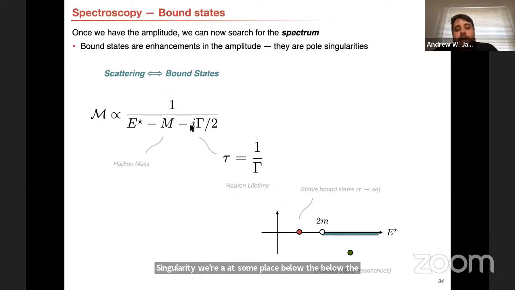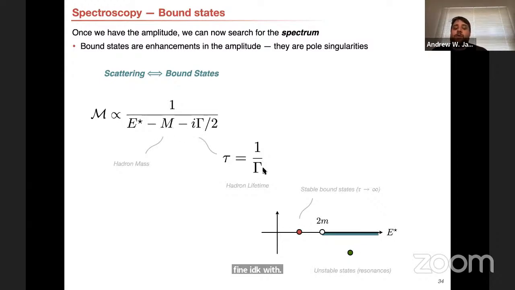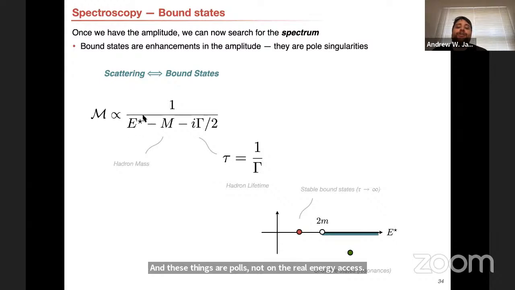Unstable states have a finite lifetime and thus have a finite decay width. And these are poles not on the real energy axis. So they diverge only when the energy is complex, when it has a complex part to cancel out the decay width. And so it's often the complex plane here.